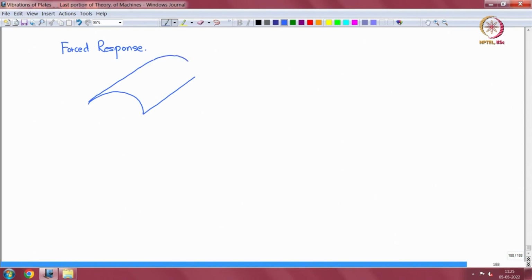So, it looks like this. It is a part of a cylinder which is not closed in the theta direction. And let us say it is simply supported here, here, also here and here.